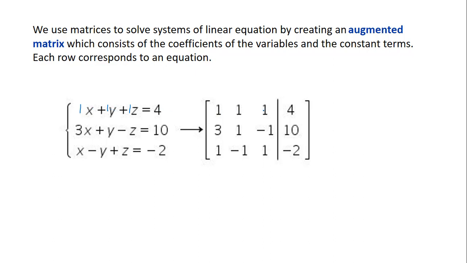So 1, 1, 1, 4 is our first row. The coefficients of the equation in the second row are 3, 1, negative 1, and the constant term is 10. The last equation is 1x minus 1y plus 1z equals negative 2. So in the matrix we write 1, negative 1, 1, and negative 2.